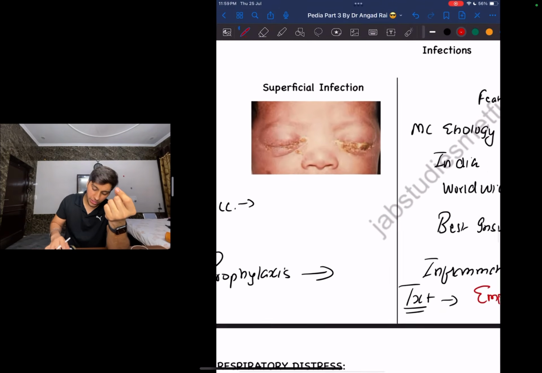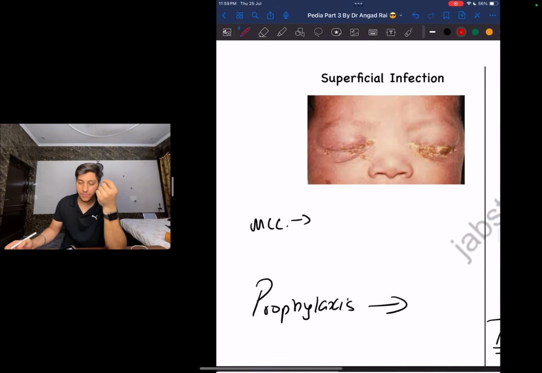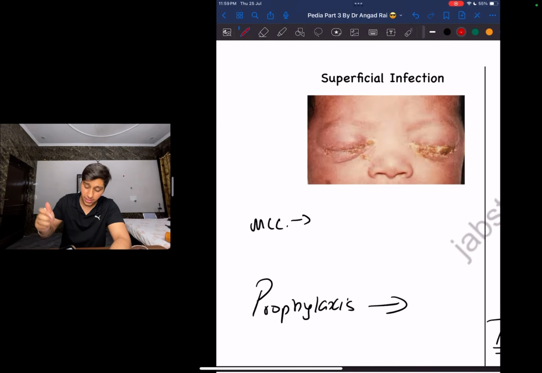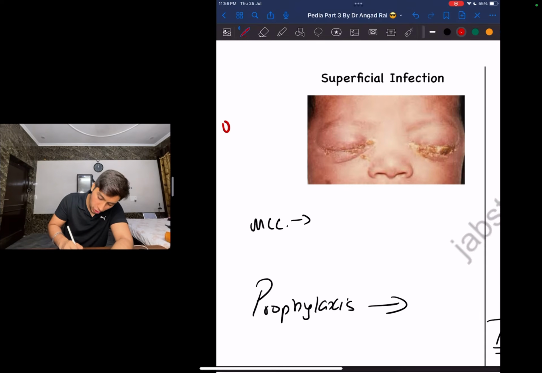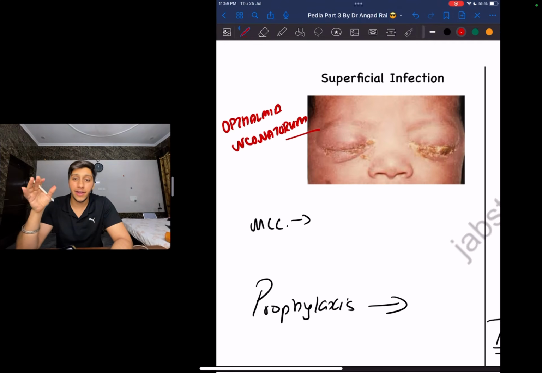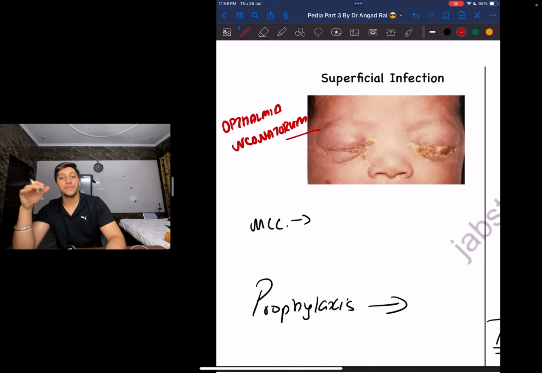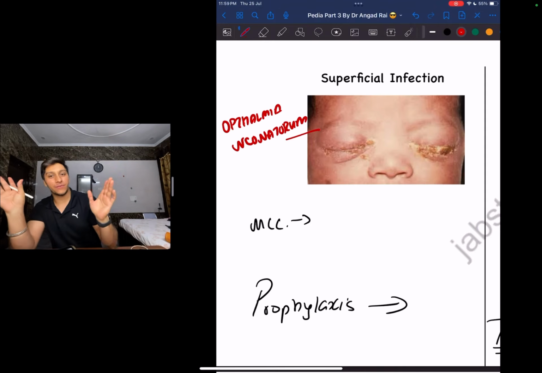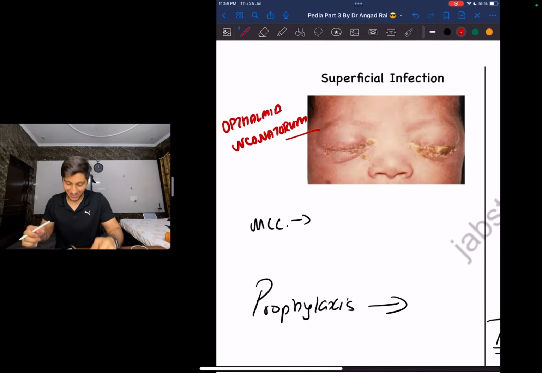Talking about a superficial one, I know most of you are already able to diagnose this. Even if you are not able to diagnose this, now you will be able to. Guys, this is known as ophthalmia neonatorum. If my handwriting is bad, or my spellings are not that correct, please excuse me, but the rest of the logic is good.